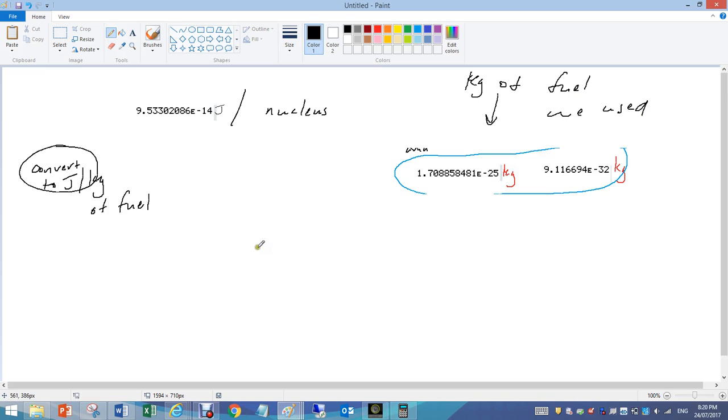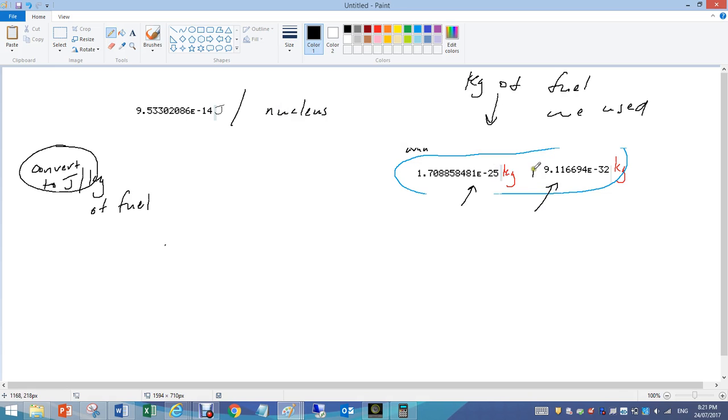Okay, so we went, this nucleus was this much kilograms. So we can include this value as well, because it's probably better, instead of just saying per nucleus, it's per nuclei of fuel, basically.